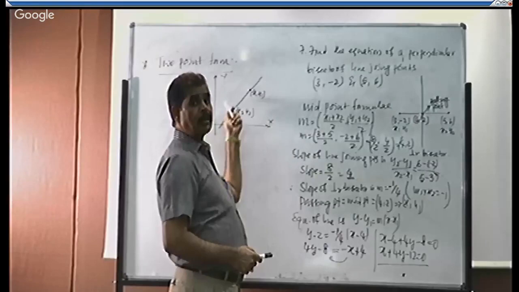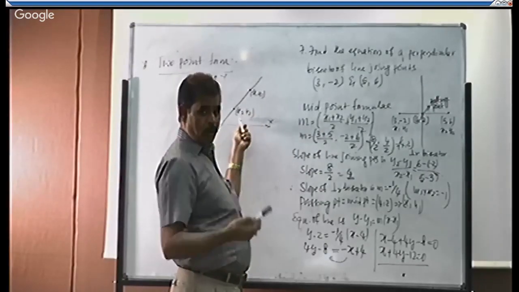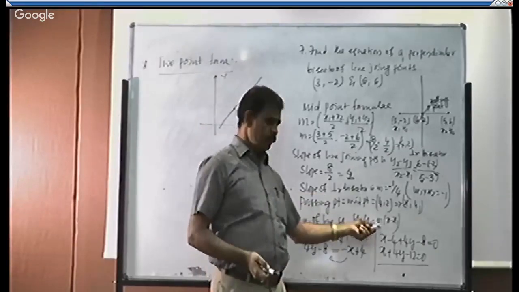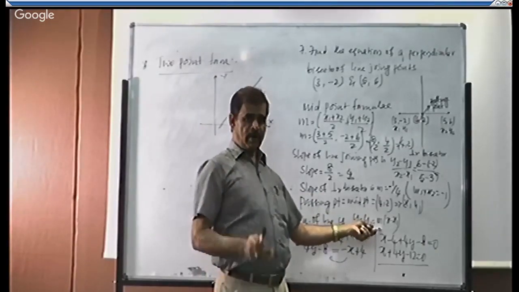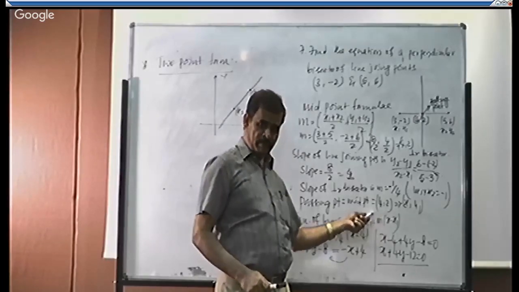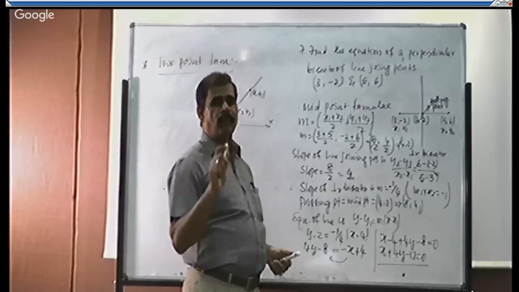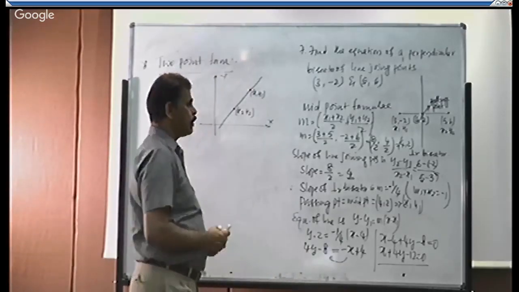If I know another passing point, I can get the slope of that line. That slope may be considered as m. The same formula we have to use. The only thing is, instead of m, we write the slope formula of 2 points.